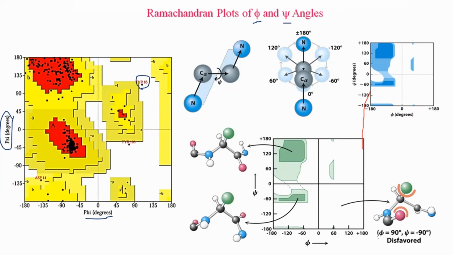You can see here phi and psi both at 90 and 90. That means this is disallowed, disfavored. It will fall in this region. This is the disallowed region.